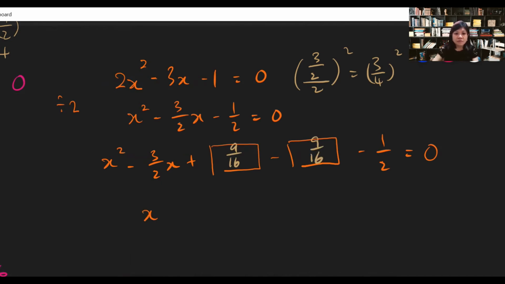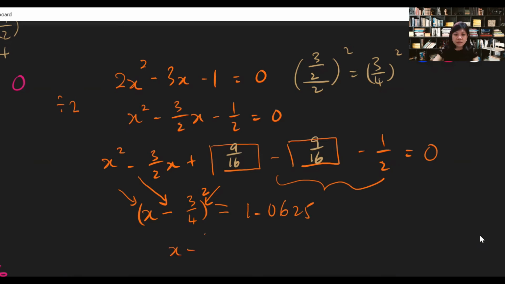Again, take the first term and the third term and square root them, add a square here. The first sign that you see is negative. Then you move this 9 over 16 and the half over, and you're going to have 1.0625.